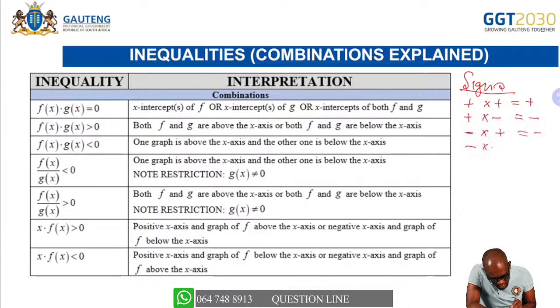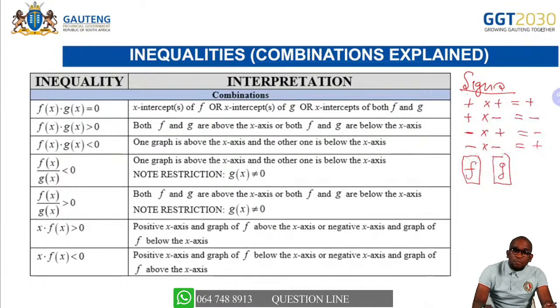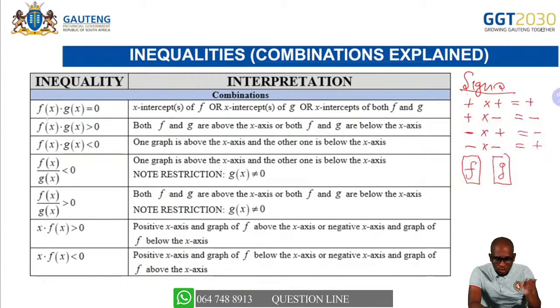If I multiply two negative signs, then I'll get a positive sign. These skills are important because we are going to refer to one portion of this as f and the other portion as g. Now, we are looking at multiplication or division.